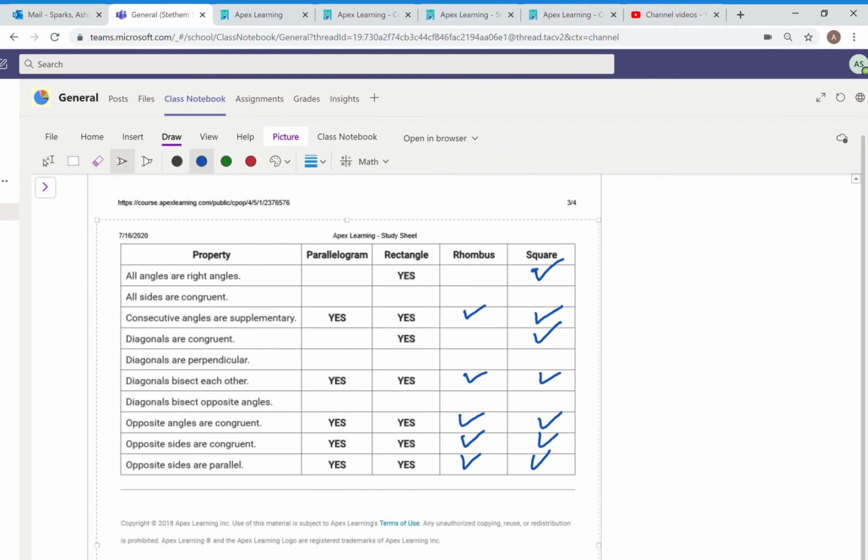Rhombuses don't necessarily have right angles. All sides are congruent. That is true for a rhombus. Diagonals are congruent. That's not necessarily true for a rhombus, but the diagonals are perpendicular to each other. And diagonals bisect opposite angles. That's true for a rhombus. And guess what? If it's true for a rhombus, it's true for a square. So everything should be marked in the square category. Okay? I know it's a lot. We'll talk about this more.